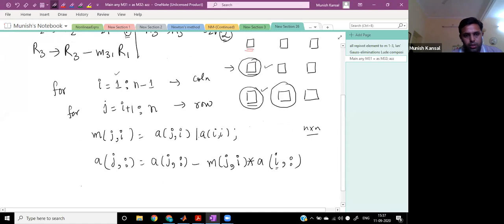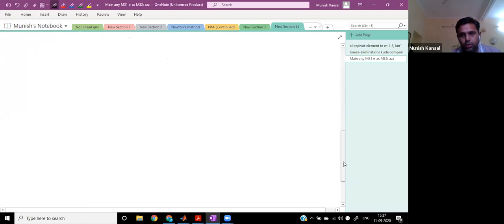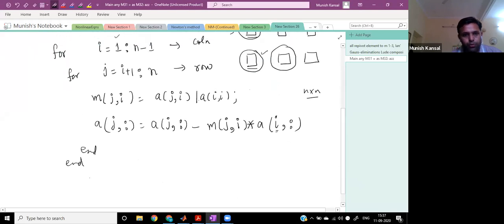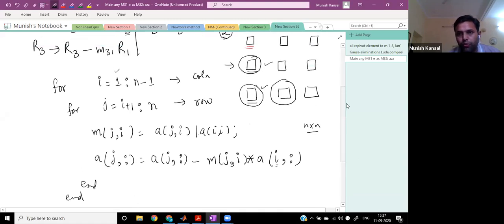Now you just end both loops, right? So then you have the output for L. You will write down this as multipliers, and what is U? ये जो आपका A matrix आपने ऊपर पूरा transformations लगाई हैं, so your U matrix will be equal to A, right? So this is the overall idea how the programming will be made for LU factorization, right?